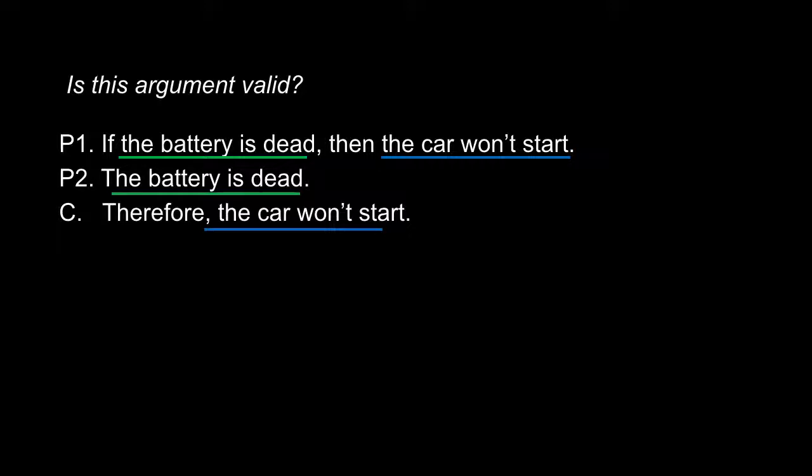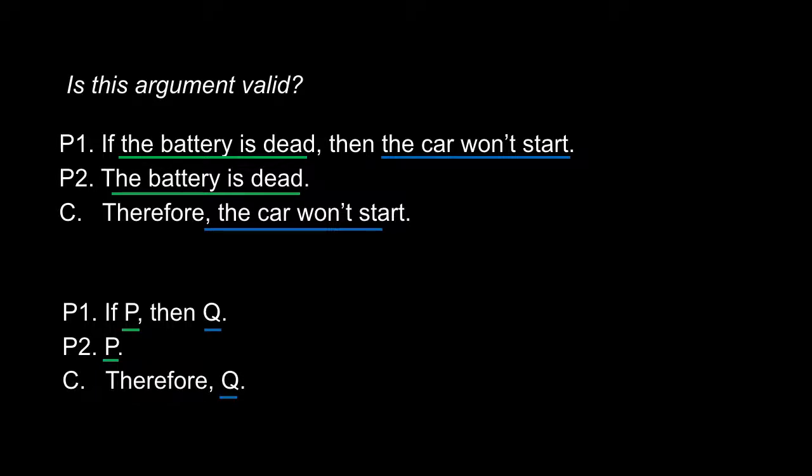So the first premise we would symbolize if P then Q. The second premise is simply an affirmation of the antecedent, so let's symbolize that by saying the battery is dead, P, and then our conclusion is therefore Q, therefore the car won't start.